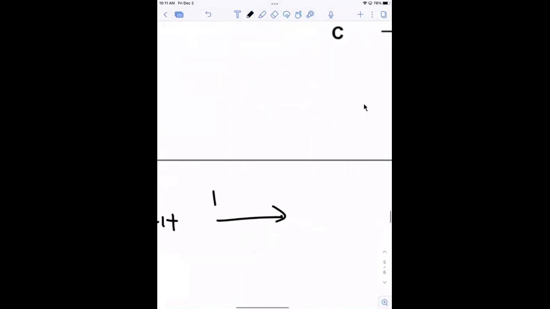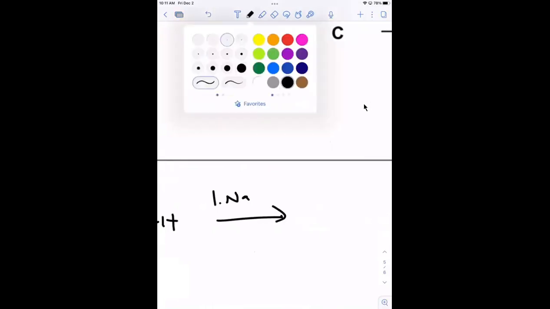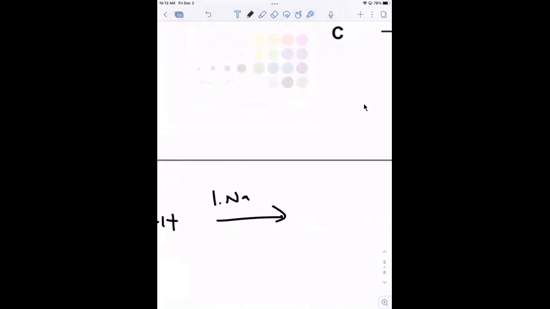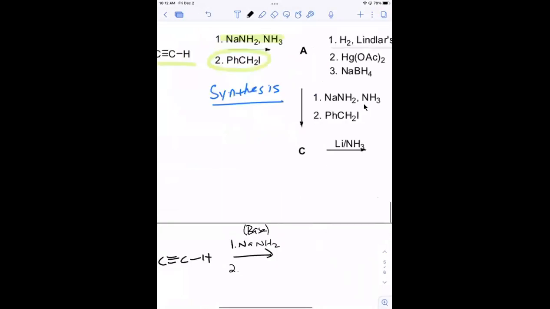The first step is NaNH2, which is a base. And in the second step, I'm reacting it with this.